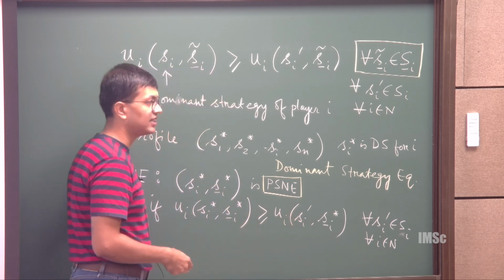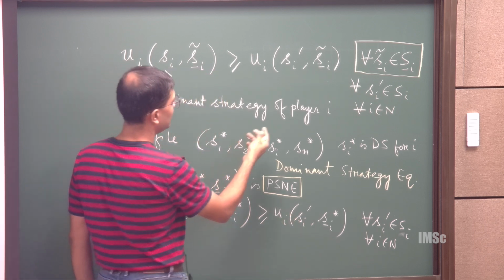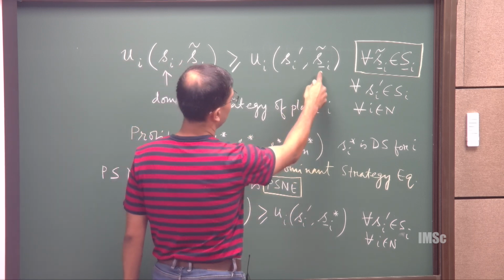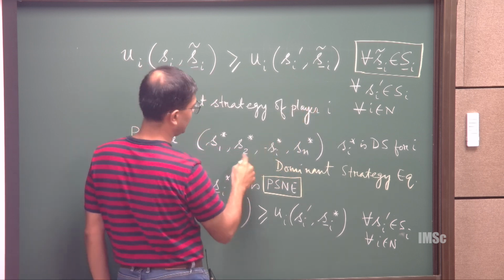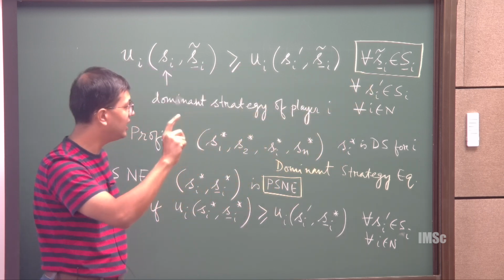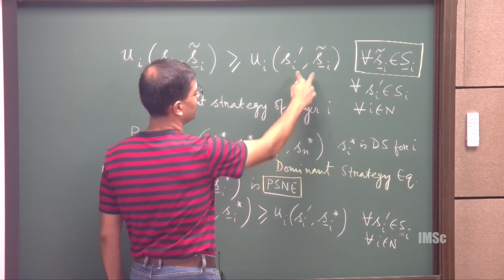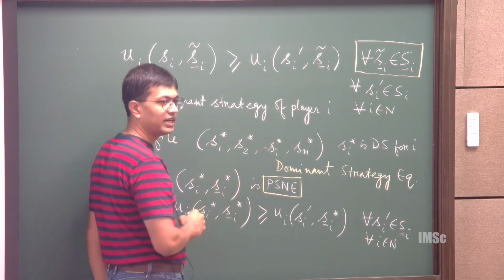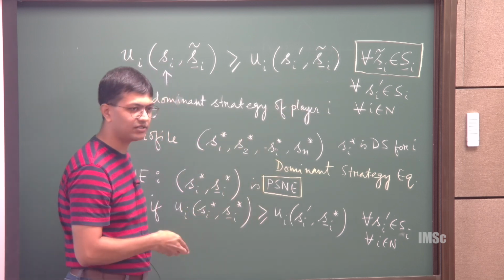PSNE just says that at S minus I star you will have this inequality satisfied, but dominant strategy has already subsumed that. In particular, because it is true for every S minus I tilde, you can also put S minus I star, and this condition will get satisfied.